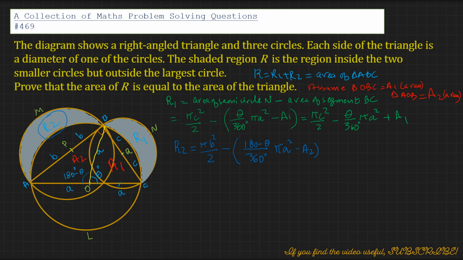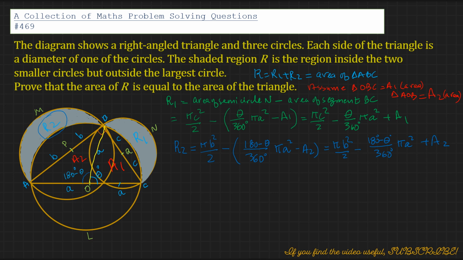So if you remove this bracket, that equals pi b square out of 2 minus 180 minus theta out of 360, then all degrees, times pi a square plus A2.